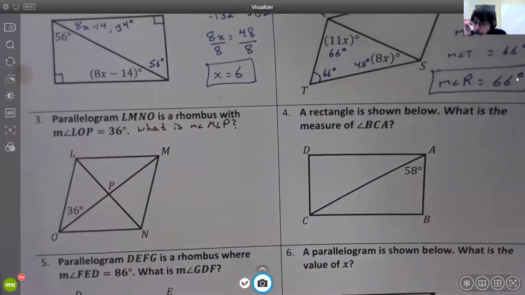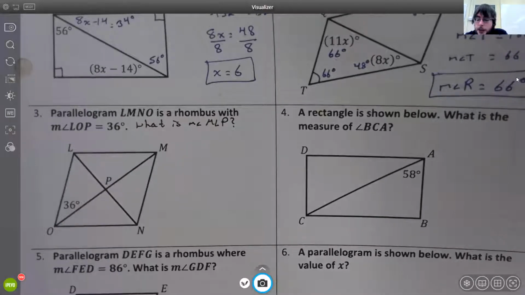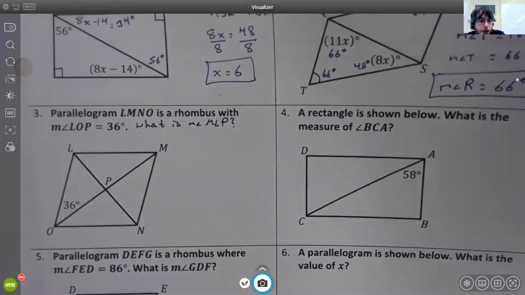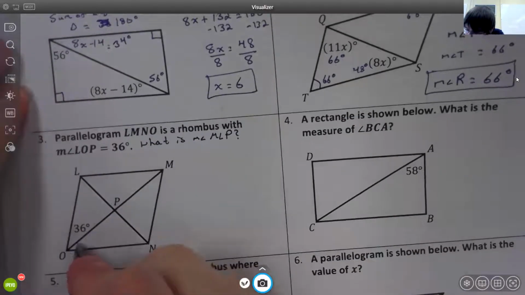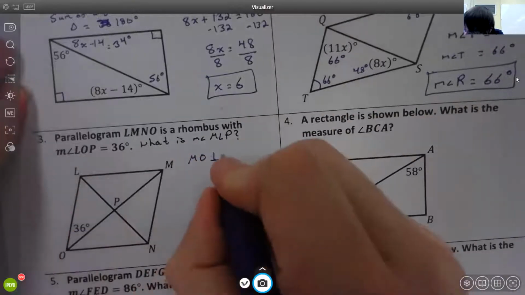So looking at number 3, it says that this is a rhombus. And you'll see that we have diagonals here that intersect. Now, the important thing there is the diagonals have another property for rhombuses, and that is that they are perpendicular. So we know that MO is perpendicular to LN.